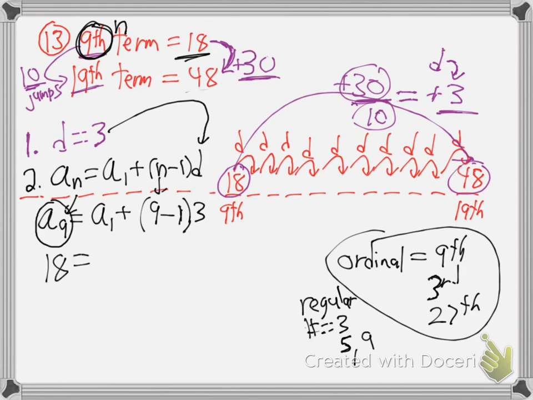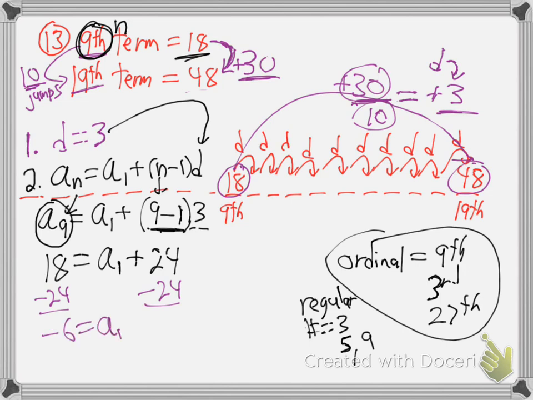So 18 is a1 plus, and this is 8 times 3, which is 24. Last step to solve for a1: 18 minus 24. Subtract the 24. So minus 6.